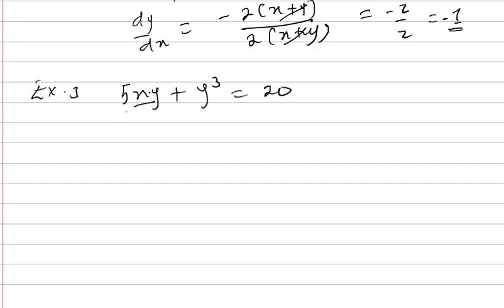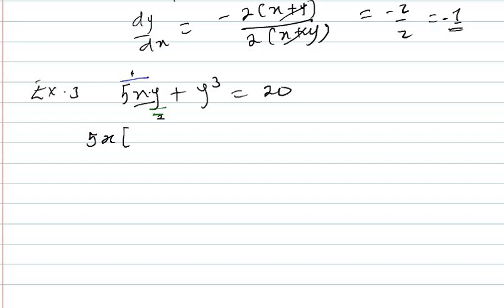So we keep 5x to be one part and y to be the other part. We keep one constant: the first one is 5x, the second one is y. Keep 5x constant, and then differentiate the other one.